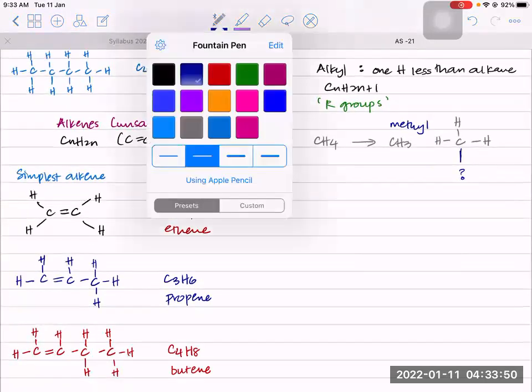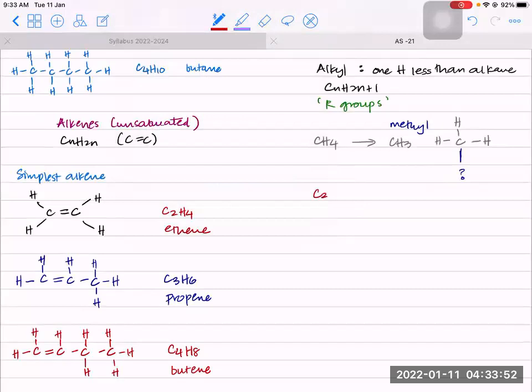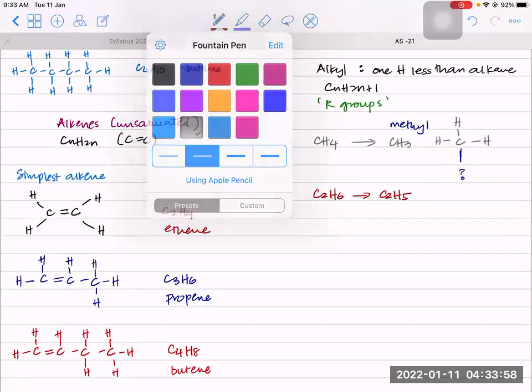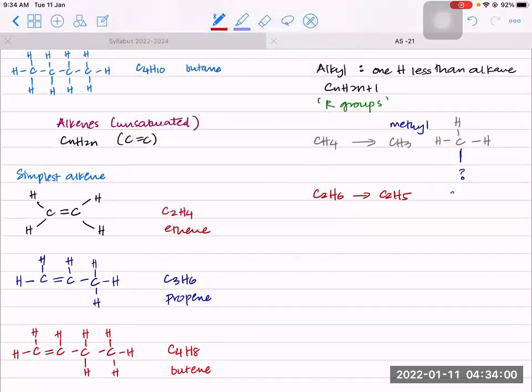Let's see the next one. You have C2H6. So that becomes C2H5. And this is what C2H5 is. This is a vacant bond right here. So this right here is called an R group. And this will be called what?